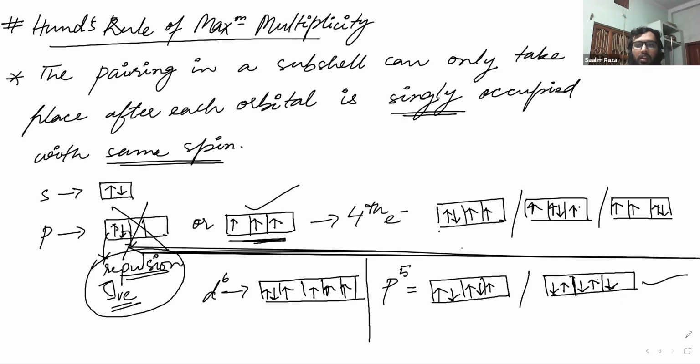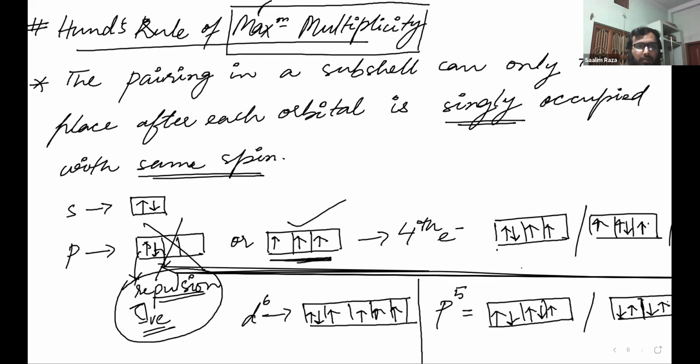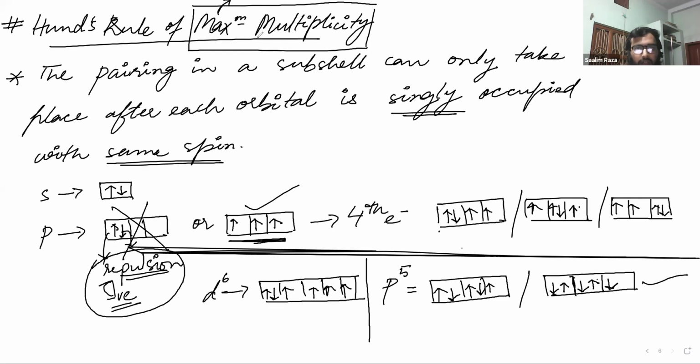Now this term, maximum multiplicity. What does this mean? What is maximum here? We will get to maximum later. Now for the term multiplicity: multiplicity means many of the same type.